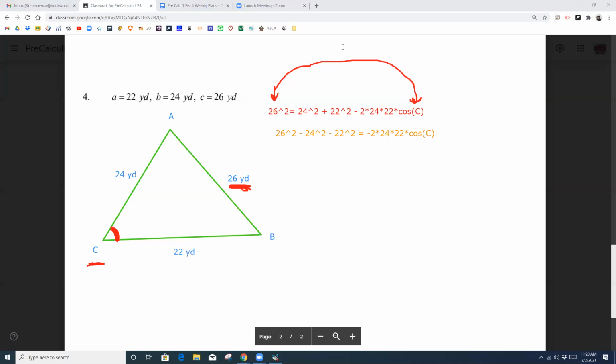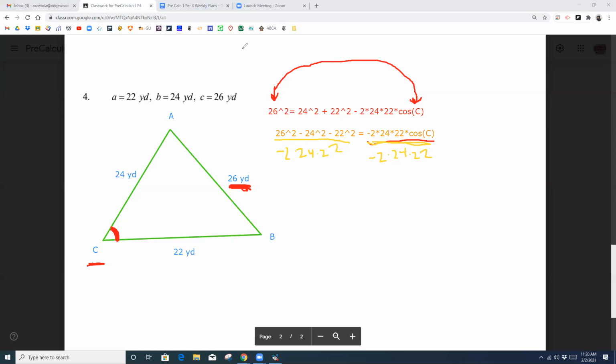Now I want to get the cosine of C alone, so I'm going to divide by anything in front of it that's being multiplied by it. I'm going to divide both sides by -2 times 24 times 22, on both sides.